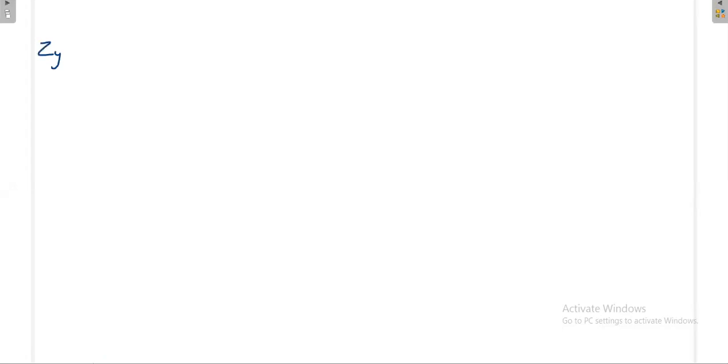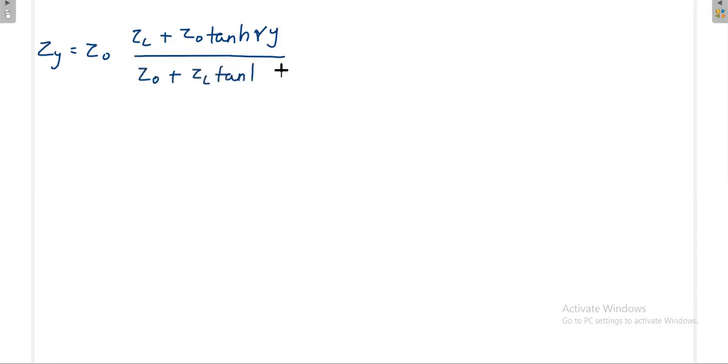Okay, zy is equal to z naught, zl plus z naught tanh gamma y, divided by z naught plus zl tanh gamma y. Now for a lossless line, gamma is equal to j beta.